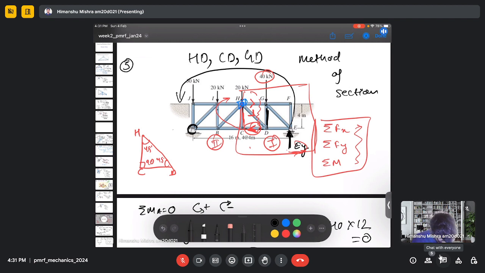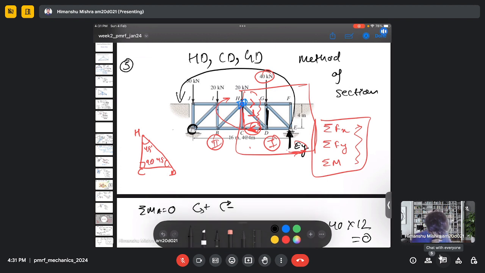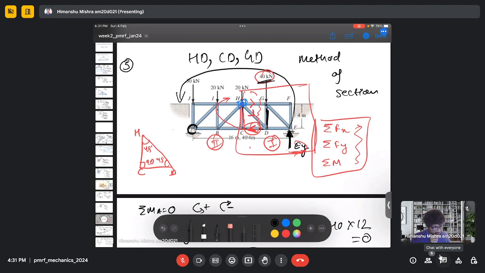So the vertical component of the force that I have is EY, 40 kilonewton, and the component of this HD. So this is my force HD, and the vertical component will be this. This is my HD, this is my HDY, and this is my HDX.